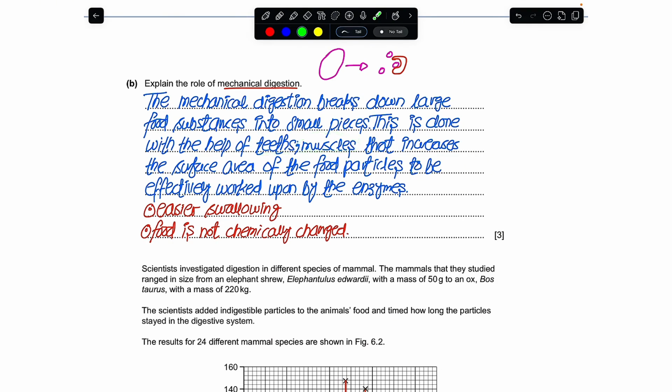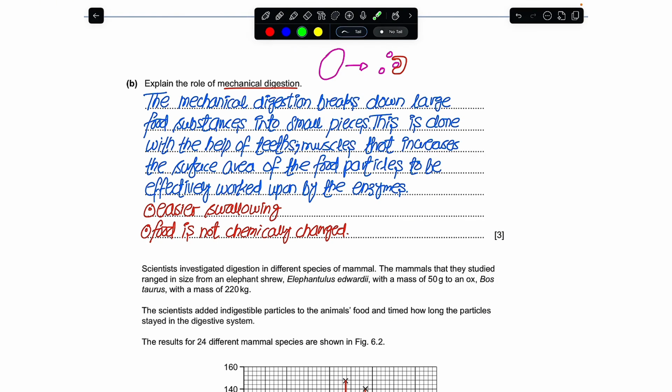You would say that when they come into play, that would increase the surface area of the particles. And when the surface area of the particles is increased, it becomes easier for the enzymes to work effectively on these small particles. Now here you would score 3 marks.